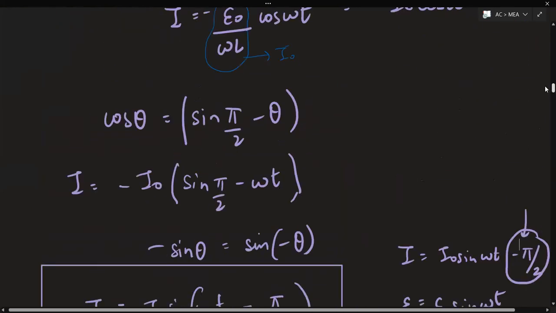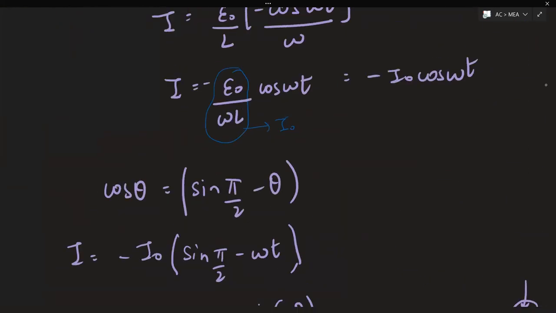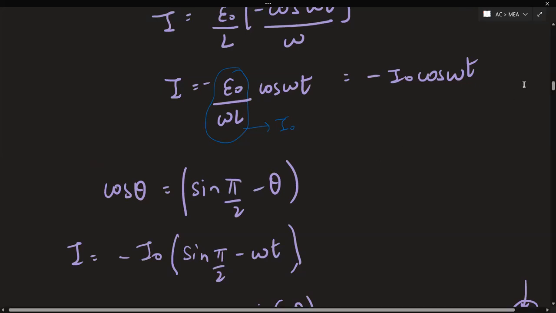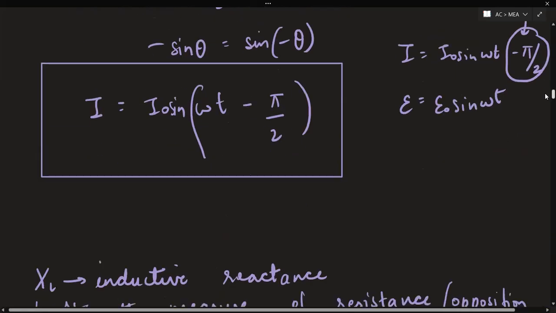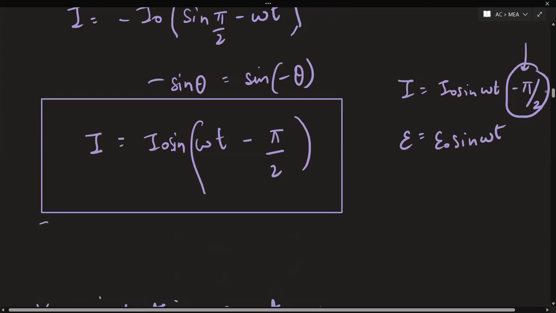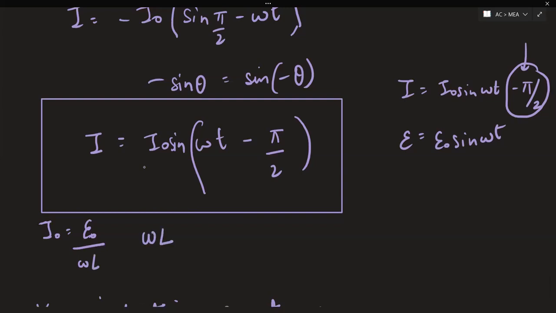Now we had stopped at this point, 1 E naught by omega L. We didn't discuss how this omega L vanished, and we had replaced I naught just simply. So the reason behind this is that I naught is equal to E naught by omega L, and when you multiply omega into L, you get a constant resistance that you call XL.